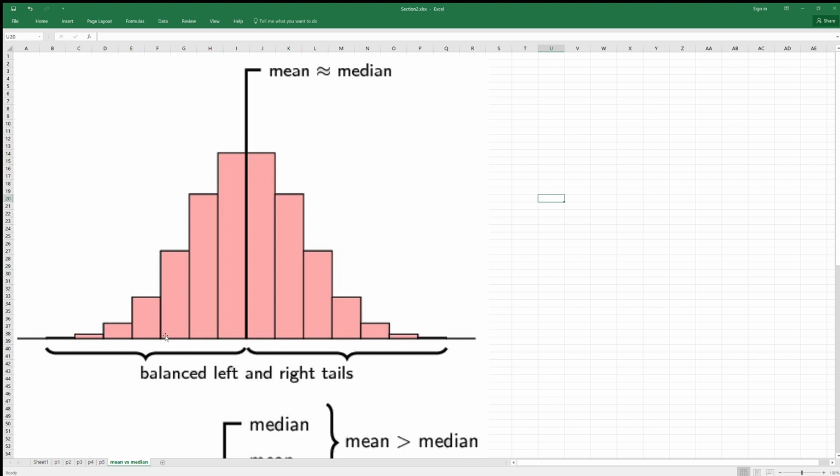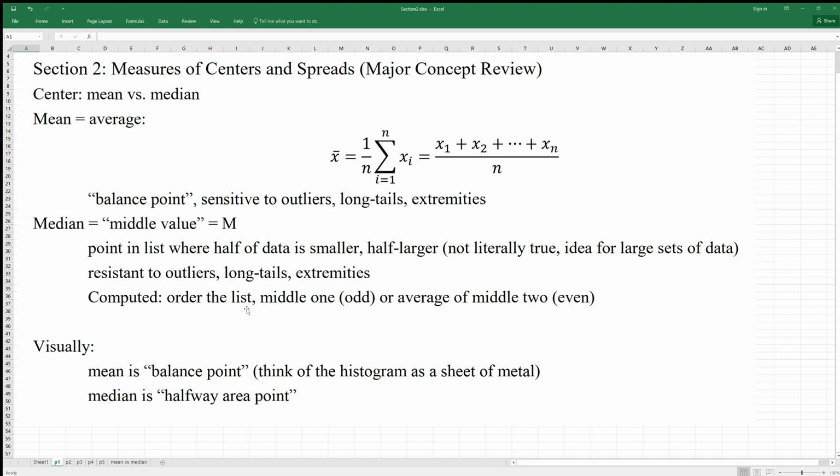The area of the bar, standard width times how many are there. The area of that bar represents the proportion of data that's between these two numbers, right? So what we're talking about visually here in a histogram when we're talking about median is the halfway area point. The point where you've got half the area to either side.